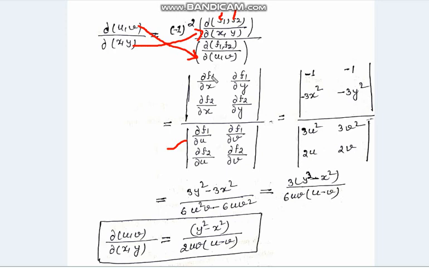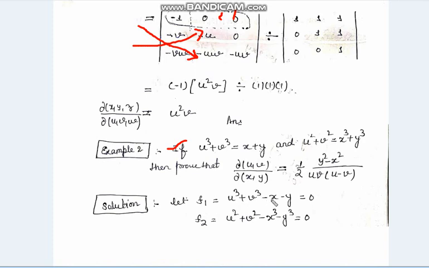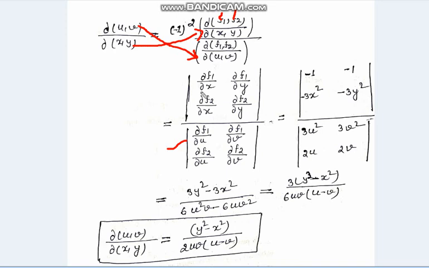Now differentiating f1 with respect to x and y: if we differentiate f1 with respect to x we get minus 1, with respect to y we again get minus 1. So minus 1, minus 1. Similarly we can differentiate f2 with respect to x and y, and after solving the above determinant we get 3u square, multiply this into this and minus this into this, we get 3u square minus 3x square, whole upon, multiplying this into this, 6u square v minus 6uv square.